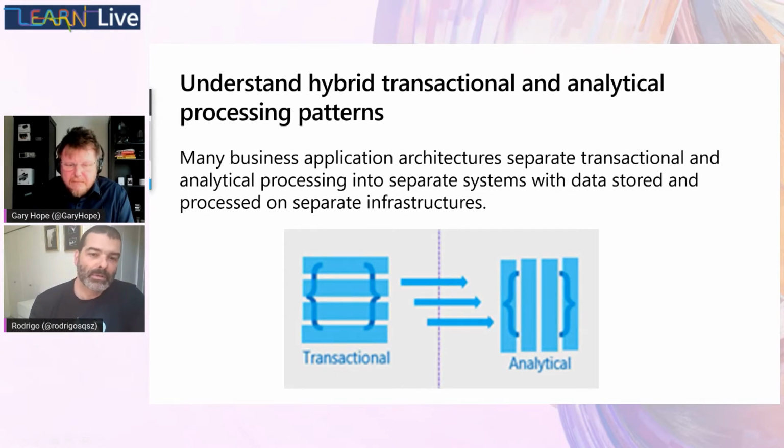And the idea of HTAP is to save our customers from managing all this work they need to do to separate transactional and analytical. So it's hybrid because it has both. So let's go to the next slide.